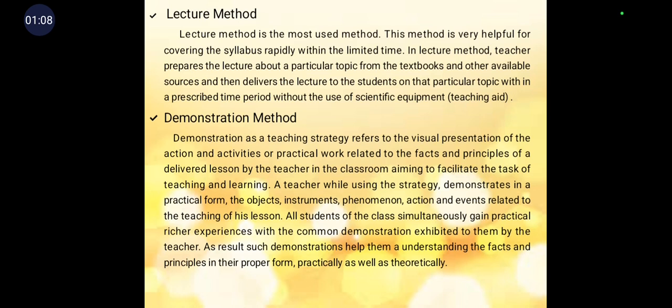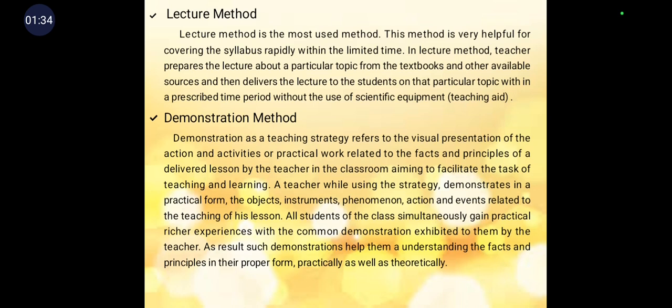Demonstration method. Demonstration as a teaching strategy refers to the visual presentation of the actions and activities or practical work related to the facts and principles of a delivered lesson by the teacher in the classroom, aiming to facilitate the task of teaching and learning. A teacher, while using this strategy, demonstrates in a practical form the objects, instruments, phenomena, actions, and events related to the teaching of his lesson.